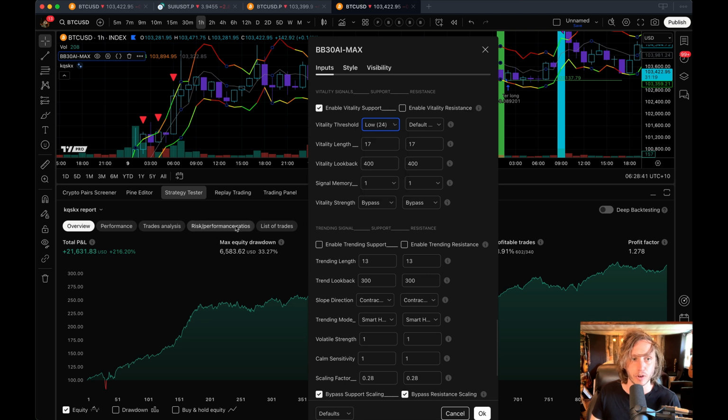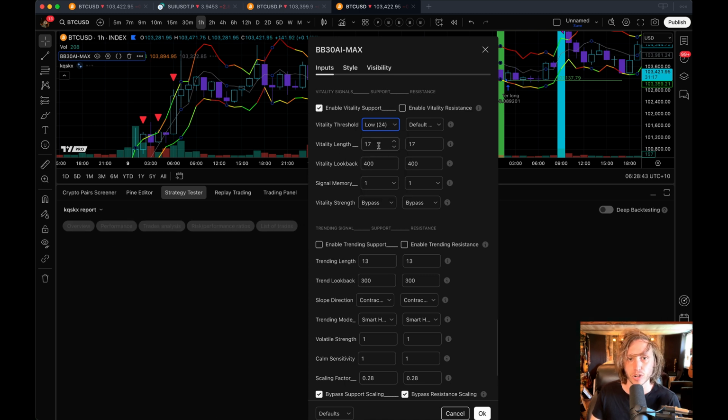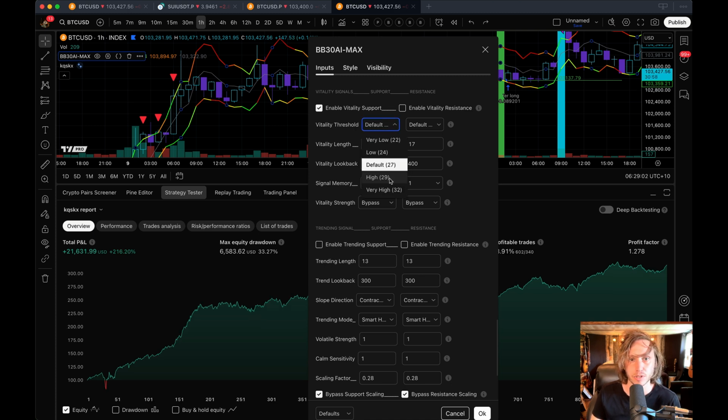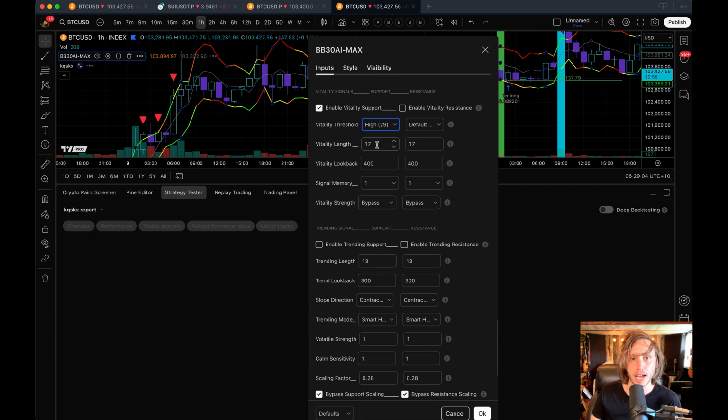We could put it at 24, kind of watch 216, see if it's better or worse, and we can change the length and the look back based on the bands and how far apart the bands are, all that stuff, because of volatility. And let's see, I think that got worse, right? 216, yeah, a little bit worse. So we'll go up to 29 and see. But yeah, I would recommend just kind of messing with this. And then the signal memory is basically how long this remains true.